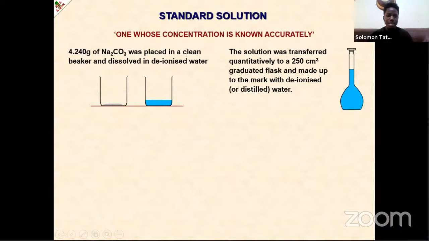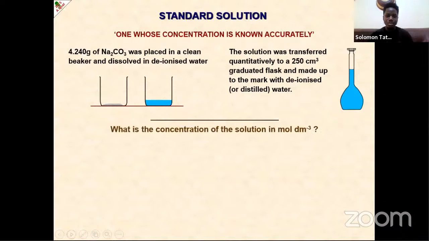Okay, now here you are mixing a solution. The first question you can be asked is, what is the concentration of the solution in moles per decimeter cubed? Okay, so we have our question here. What would be the first thing that you do in case you are asked this question? We are finding the concentration of the solution in moles per decimeter cubed.